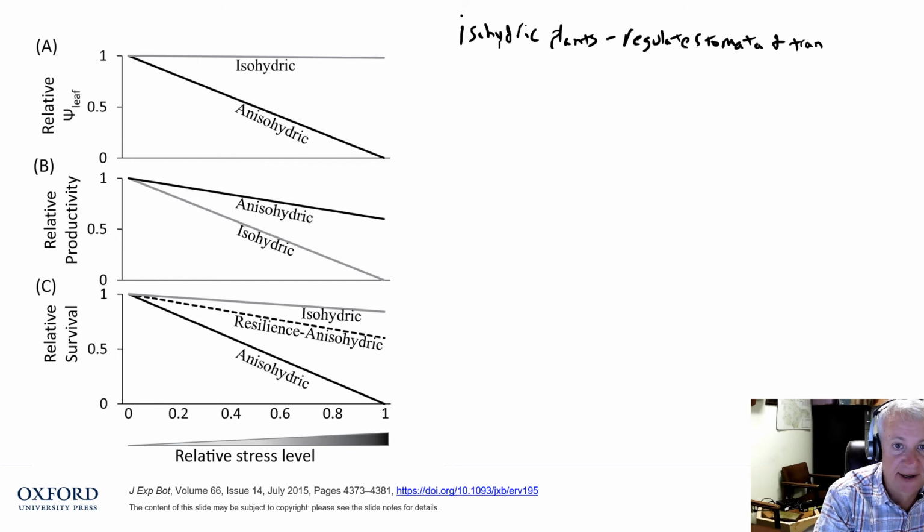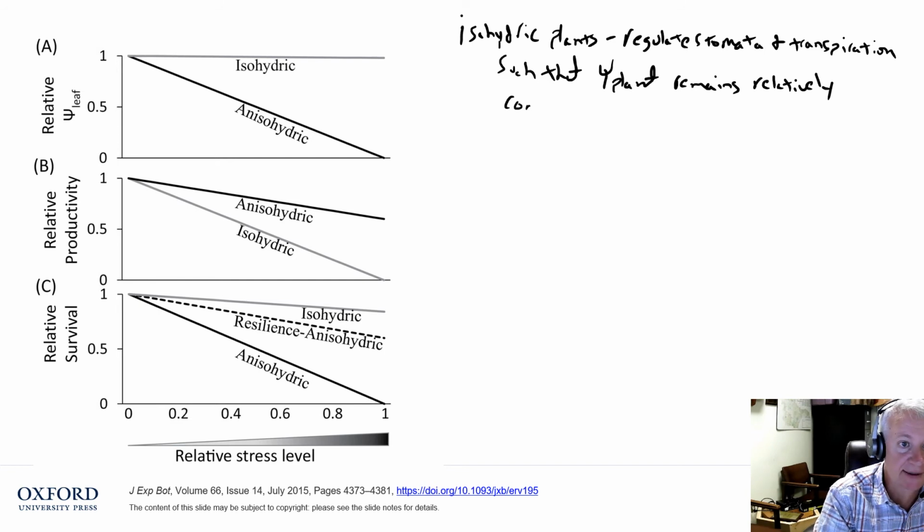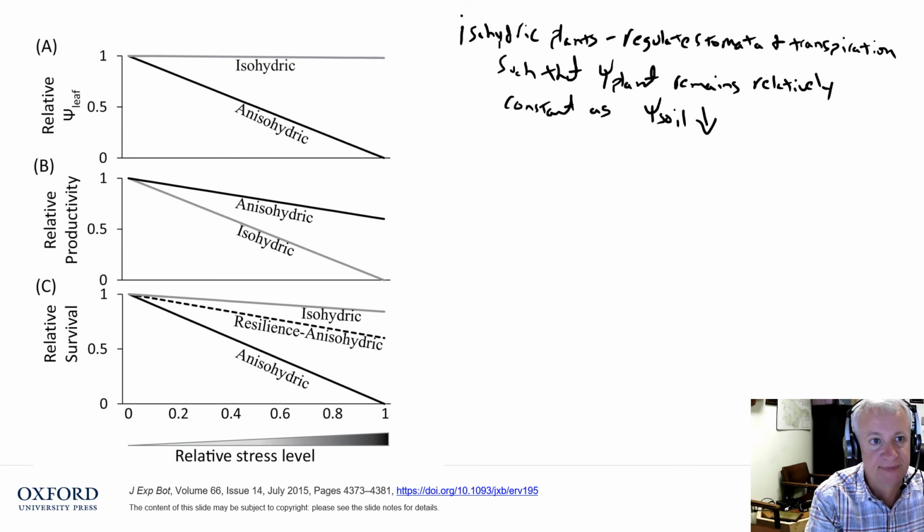When you regulate stomata, you regulate transpiration such that plant water potential remains relatively constant as soil water potential becomes more negative. So that's isohydric.